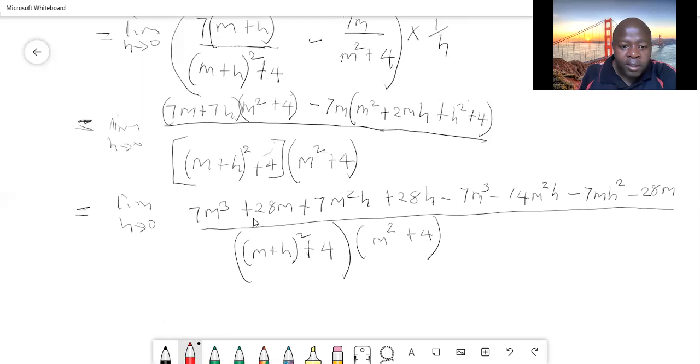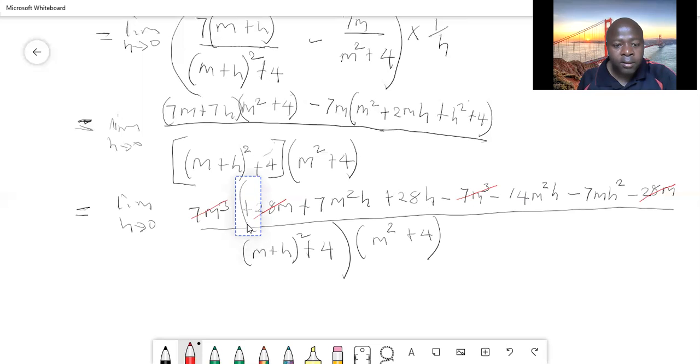I have 28m positive and then negative 28m, they'll cancel out. I have positive 7m cubed and negative 7m cubed, they cancel out. I have this one is 7m squared h, and then there's a negative here, 14m squared h. Okay, seems like we've already cancelled out the ones which are similar, all of them.